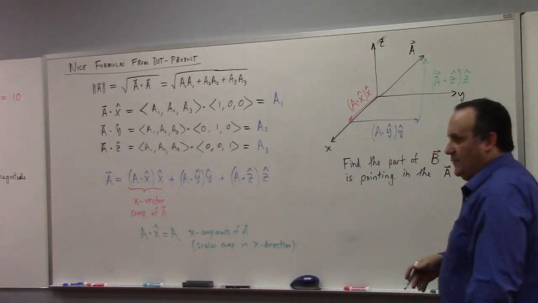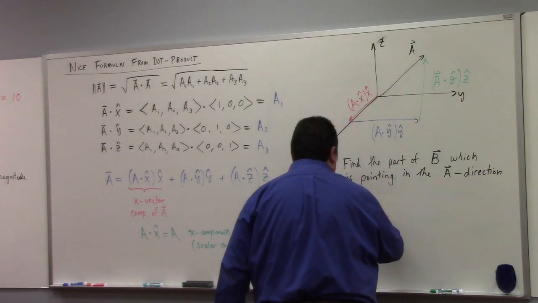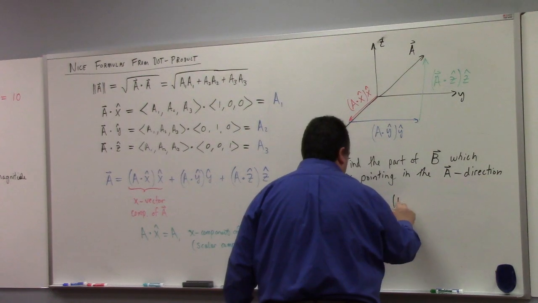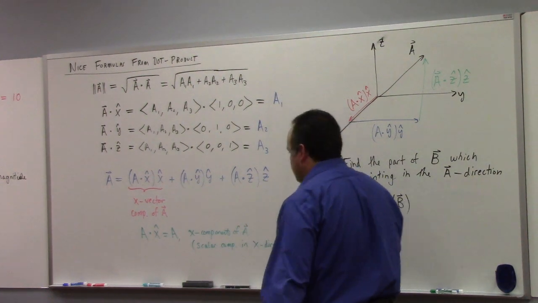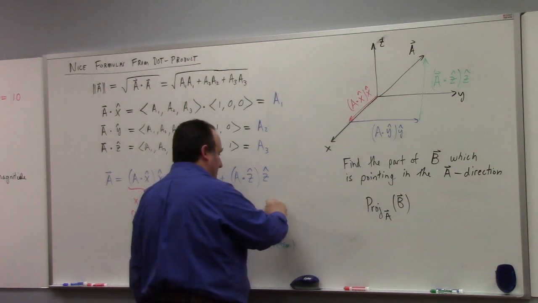All right? And my notation for that would be projection in the A direction of B. So I can draw a picture of this, perhaps, is helpful.